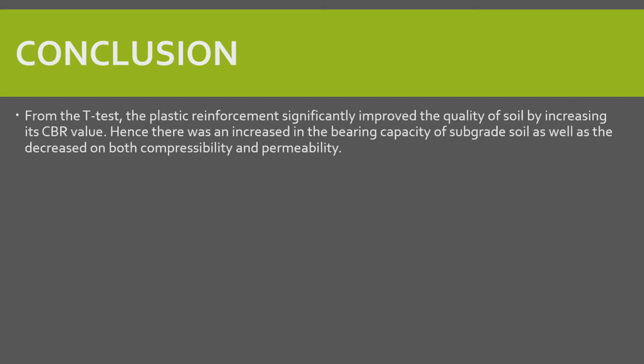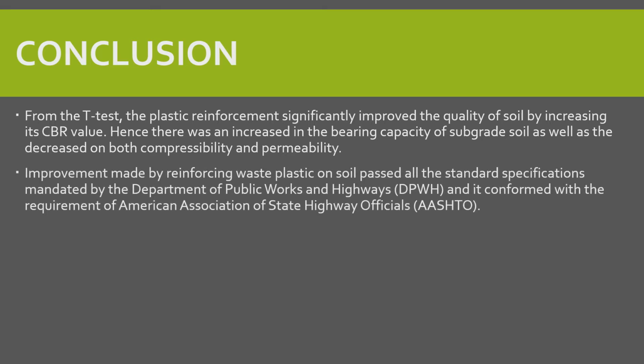Hence, there was an increase in the bearing capacity of subgrade soil as well as a decrease in both compressibility and permeability. Improvement by reinforcing waste plastic on soil passed the standard specification mandated by the Department of Public Works and Highways, and it conformed with the requirement of the American Association of State Highway Officials or the AASHTO.